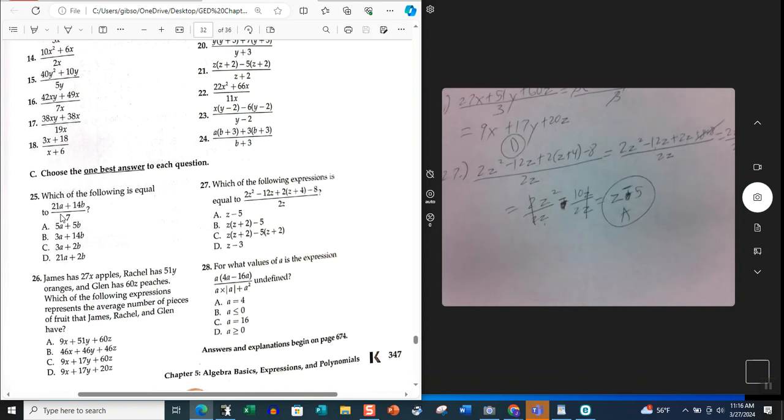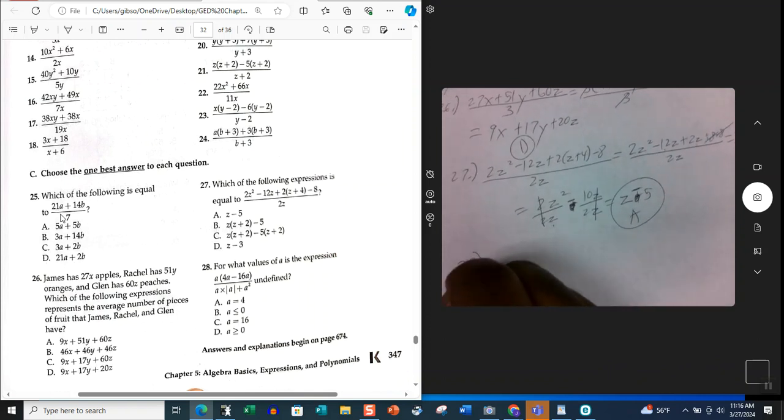Okay, number 28. For what values of A is the expression A times 4A minus 16A over A times absolute value of A plus A squared? Okay, so now, what we have to do is this. We don't need to concern ourselves with the numerator.